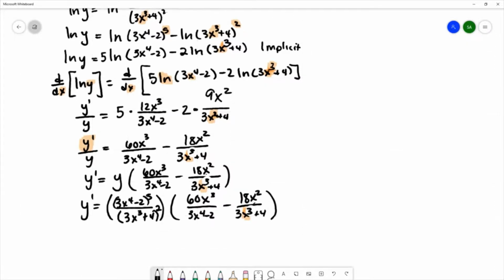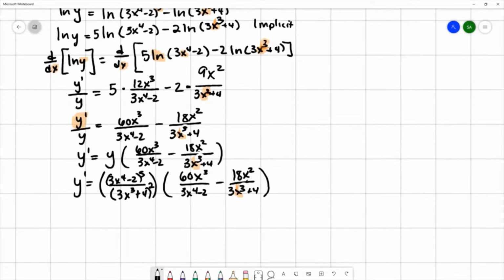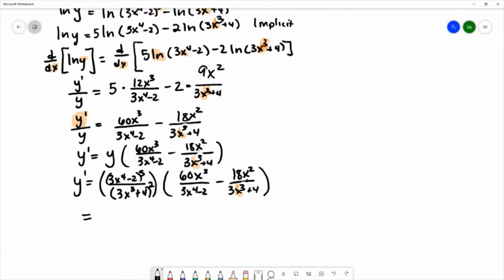And we have the derivative here, and this is the derivative written in terms of only x, which is an acceptable answer, but I'm going to go a little bit further and show you some canceling that can happen. So we can write this as 3x to the 4th minus 2 to the 5th over 3x cubed plus 4 squared. And what I'm going to do is get a common denominator between these two fractions.